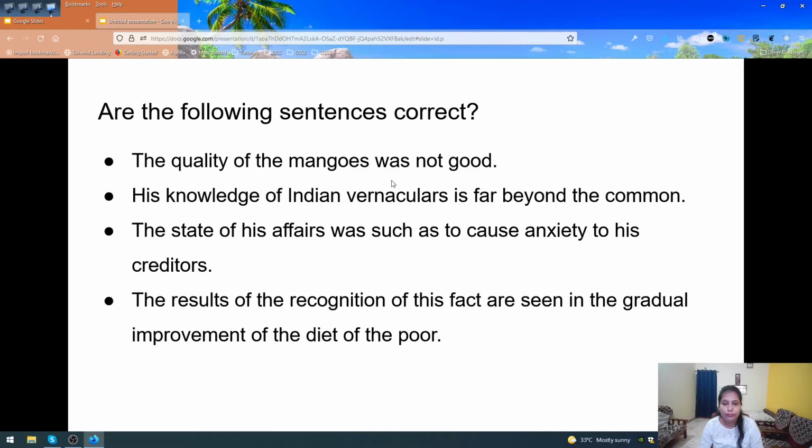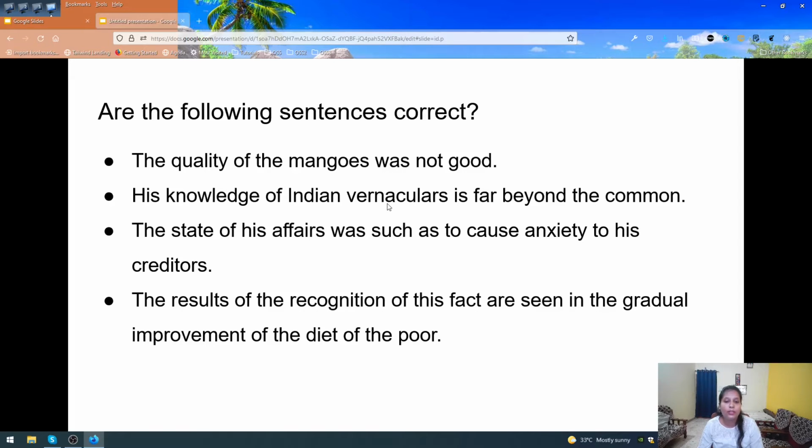And what about this was here? Was is singular past tense, isn't it? So is it correct here? It is not correct. It should be: the quality of the mangoes were not good. So here we should have written W-E-R-E, were.